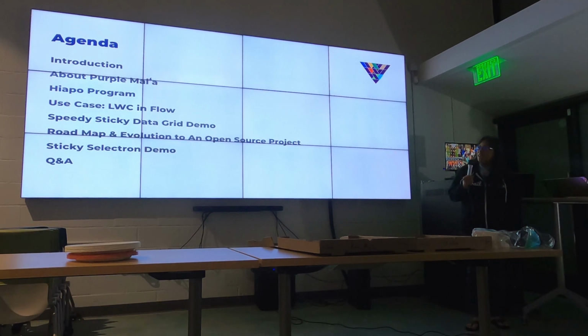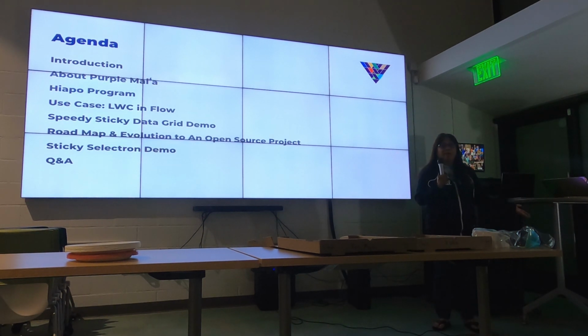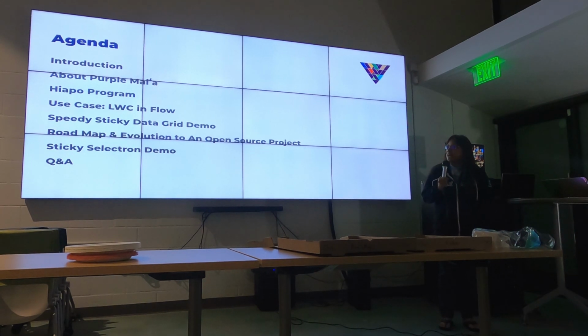So today's agenda: we're going to do an intro and talk about Purple Mai'a. Actually, how many people know about Purple Mai'a or Hiapo already? How many don't? Okay, there are a few. Then we'll go over the use case for the Lightning Web Component in the flow that we built, and go over the demo.